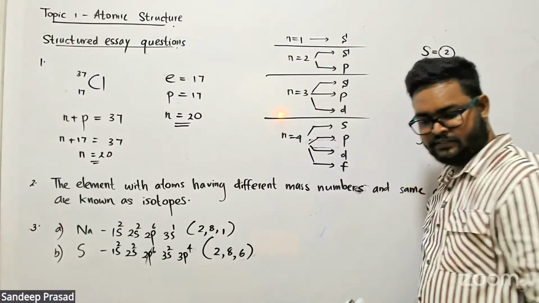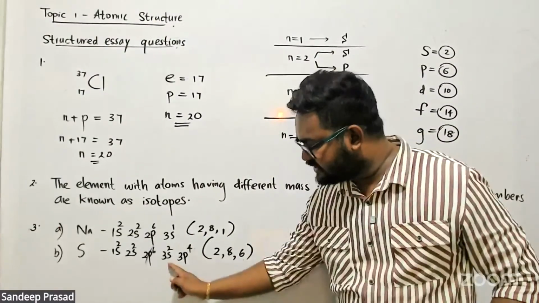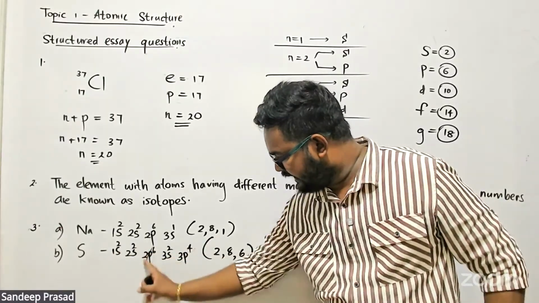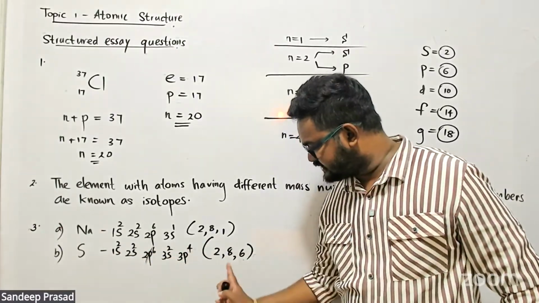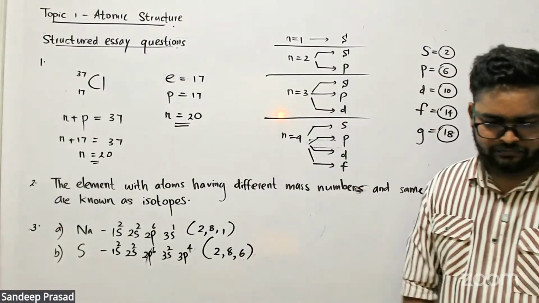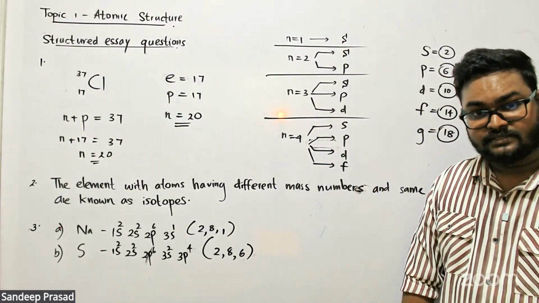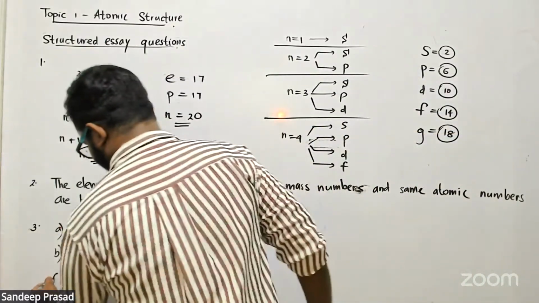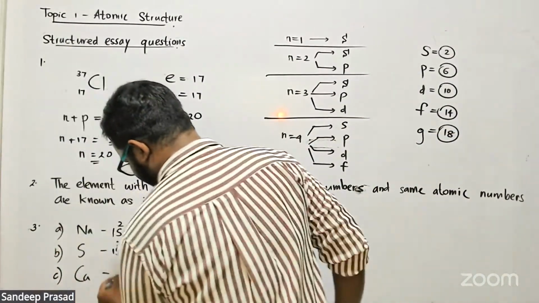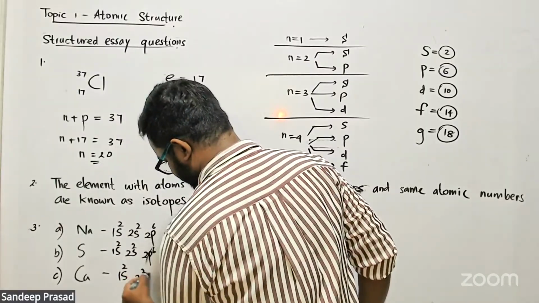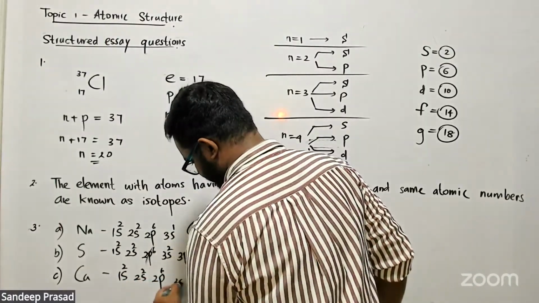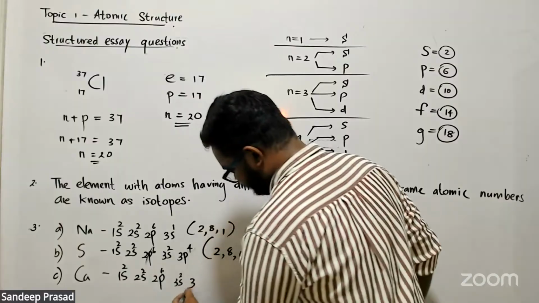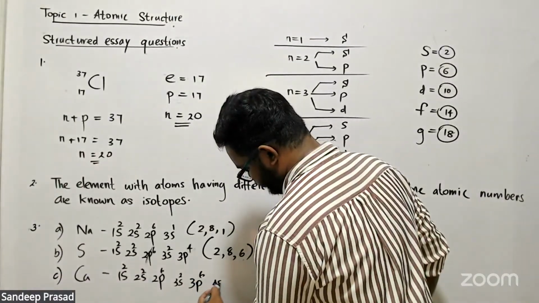But still that 2, 8, 6 is there. Here that 6 is separated into 2 and 4, sub-energy levels. Now calcium. Calcium configuration can be written as 1s2, 2s2, 2p6, 3s2, 3p6, 4s2.